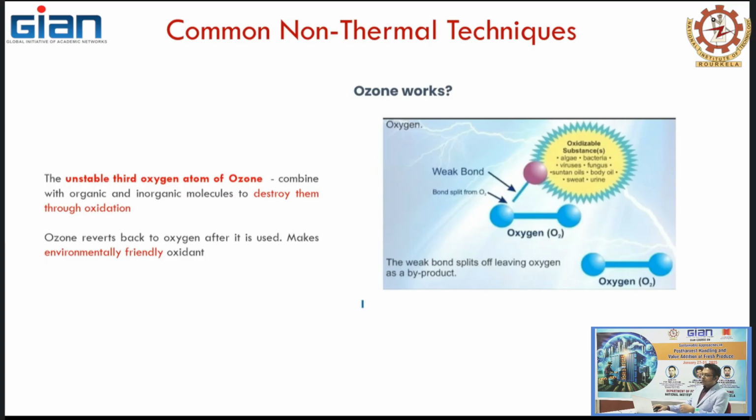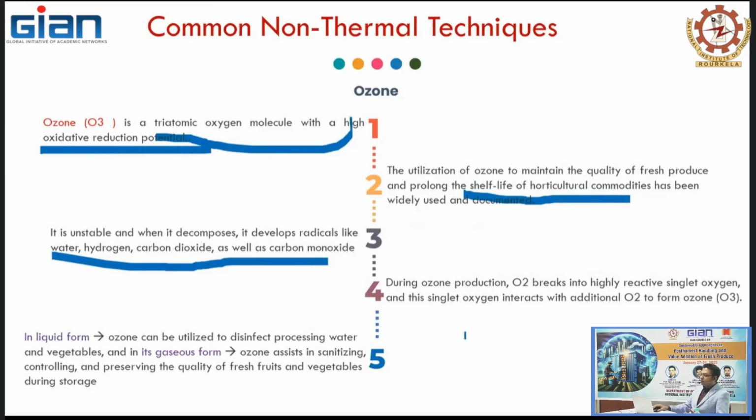And then after the process, it reverts back to O3 again, and that's why we consider it a quite environmentally friendly process. During production, the O2 is broken into singlet oxygen and becomes O3, the ozone.